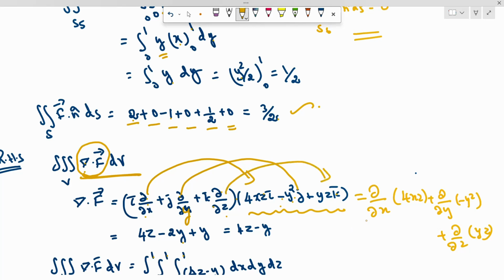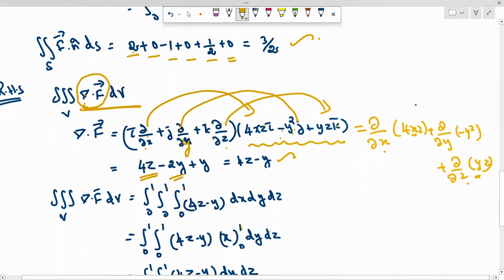If we differentiate with respect to x, first term, x will be 1, we will get only 4z here. The second term minus 2y written here. Here differentiate with respect to z, z will be 1, we will get only y, plus y written here. 4z minus y. Del dot f vector value is 4z minus y. Hereafter we are going to do only normal integration only.